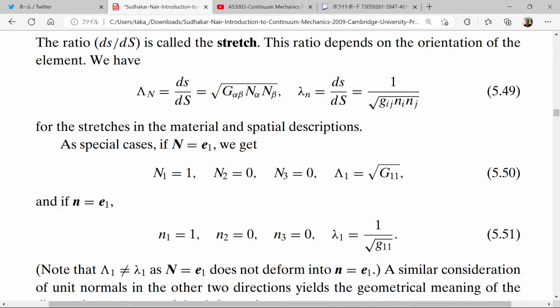We have lambda N equal to ds over dS, or lambda n equal to ds over dS, for the stretches in the material and spatial description. Interesting, huh?